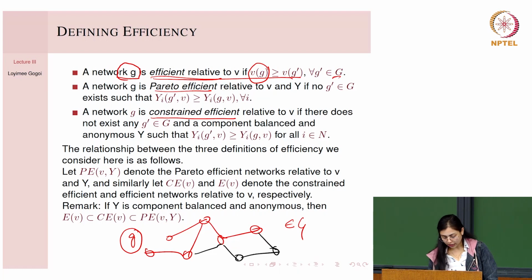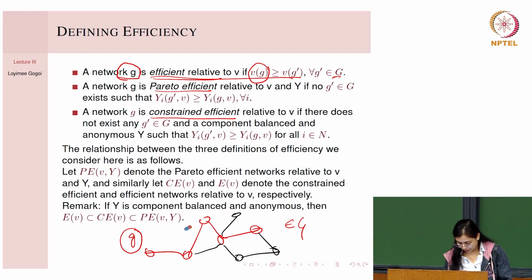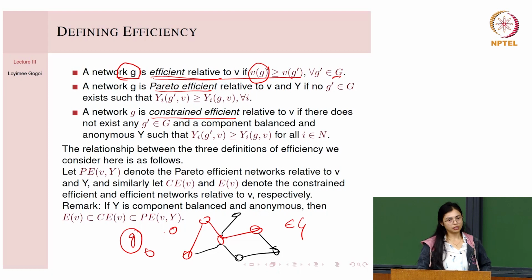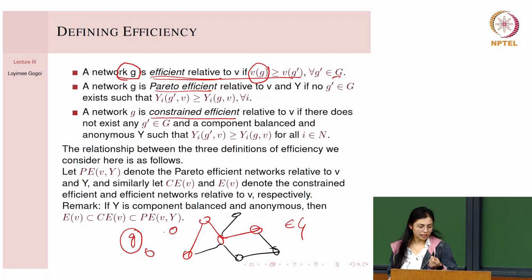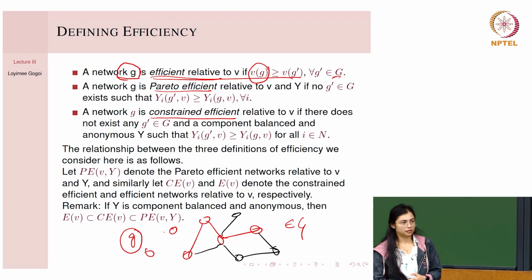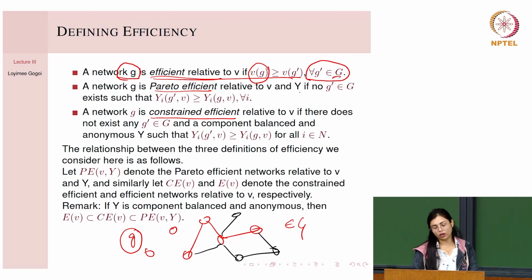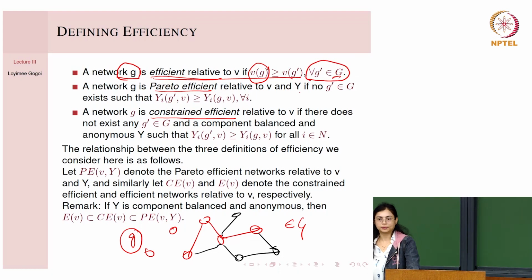If we add more links, it will not generate more than Z. If I remove this link also, it will not generate more. So we call Z efficient only if it generates the highest value, compared to any graph Z prime that belongs to Z. Clear?